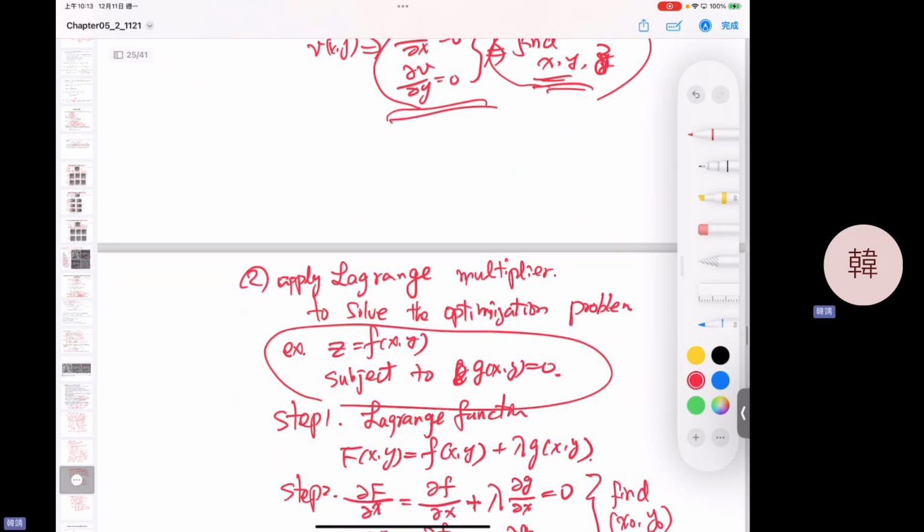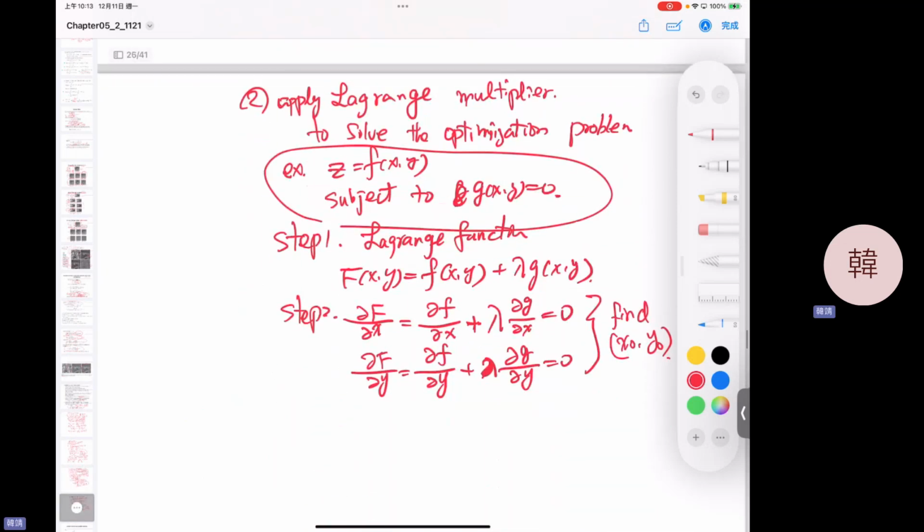But second, we introduce a new one, because our textbook, DIP, digital image processing, uses a lot of this kind of optimization problem. We use a Lagrange multiplier. So we combine these two, the objective function and your constraint condition, and use one Lagrange multiplier to combine them together. For example, our question is the same.